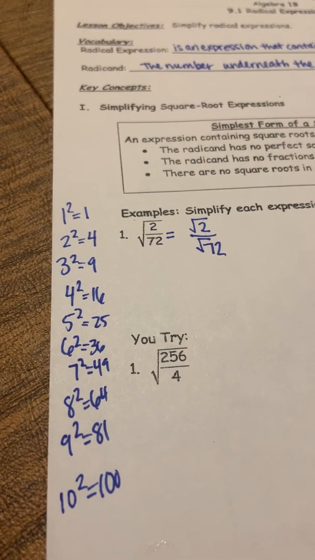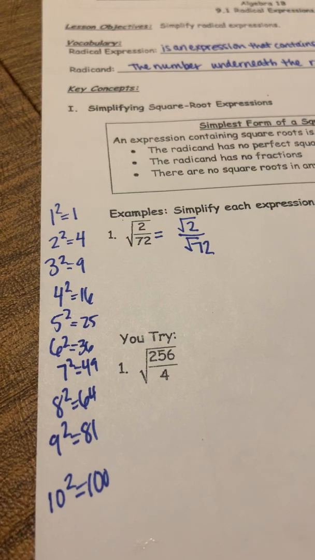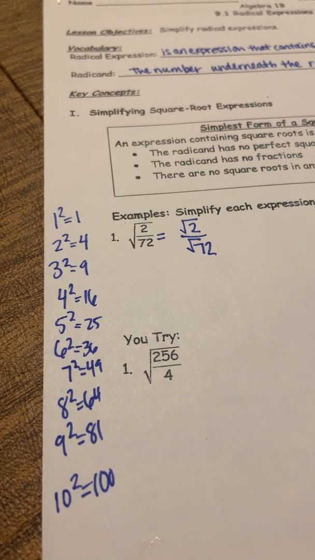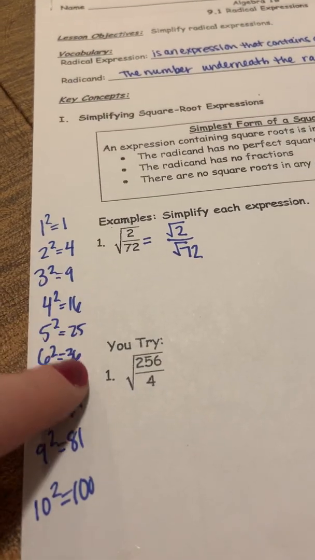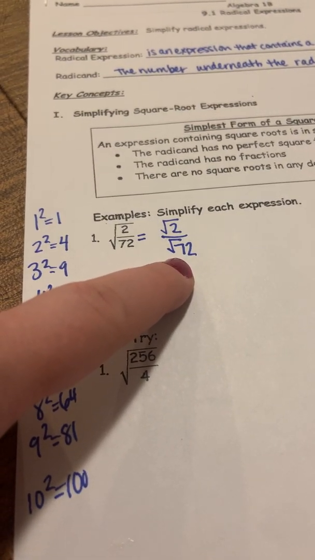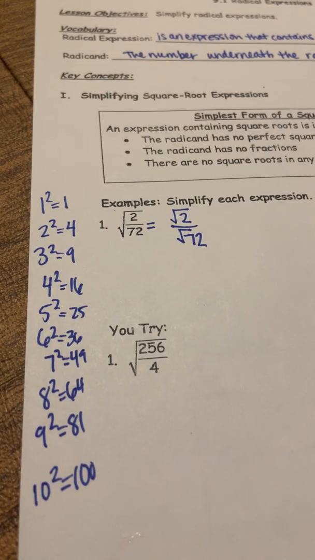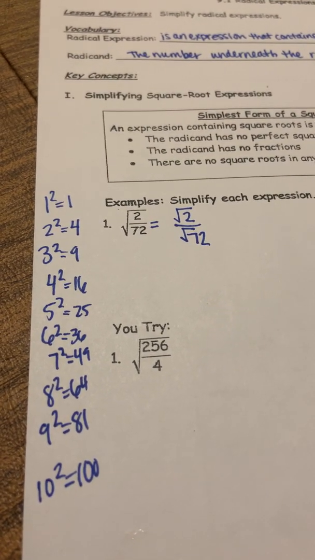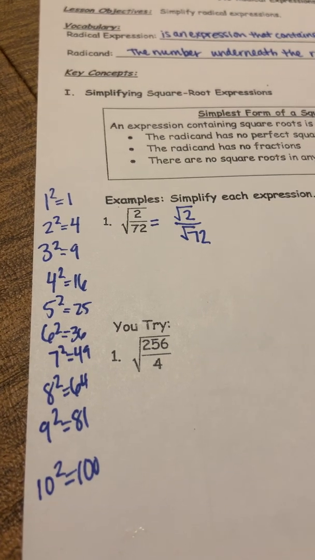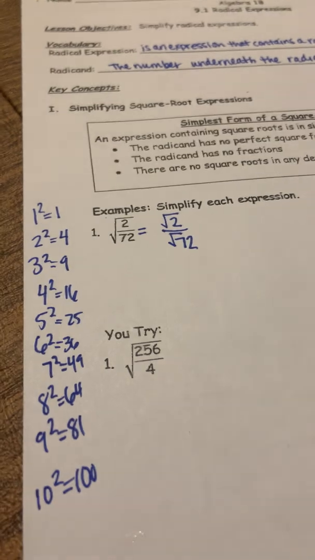So we have to look for the largest number on the perfect square list, this 1, 4, 9, 16, that would be divisible evenly into 72. That's going to come in handy really quickly. So just want to make sure that you know what we're looking for in order to simplify.